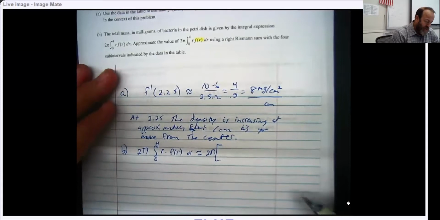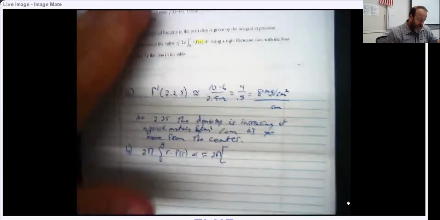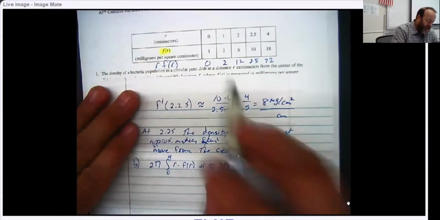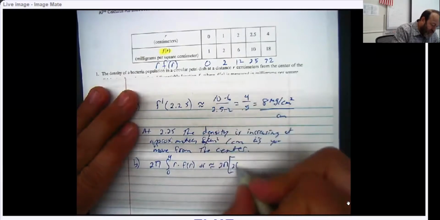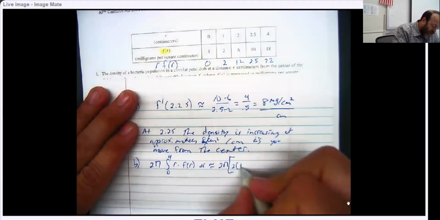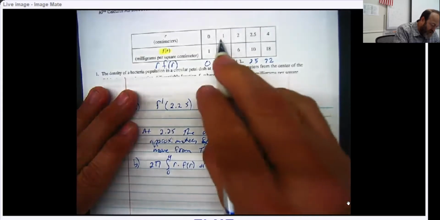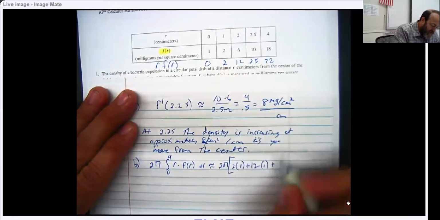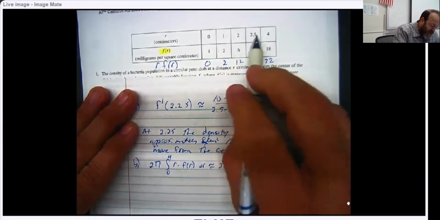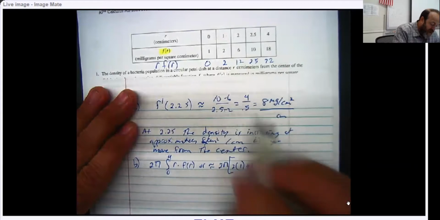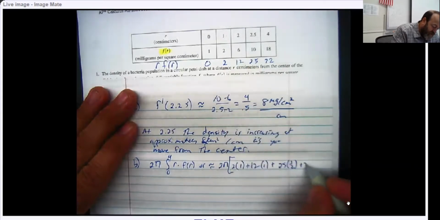That means we take the value 2 multiplied by the interval width 1, plus the value 12 times the interval 1, plus the value 25 times its interval, which was only 1/2, and 72 multiplied by its interval 1/2.